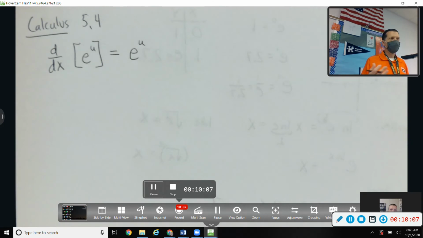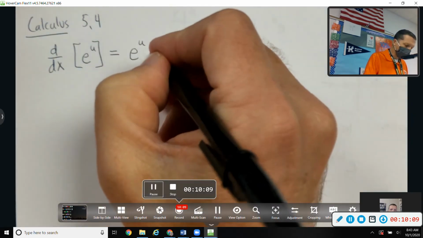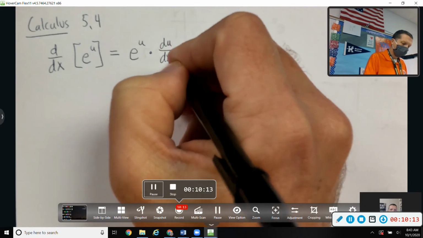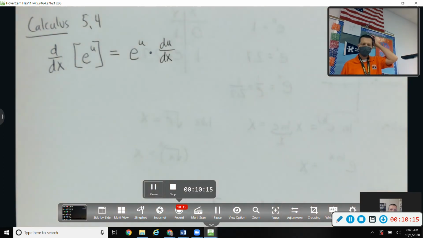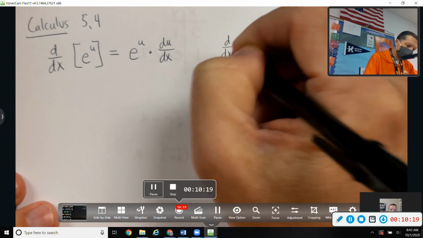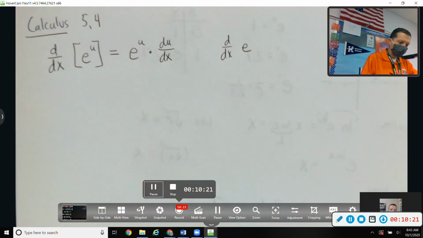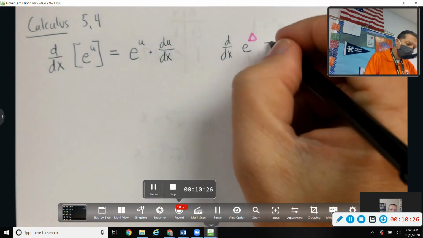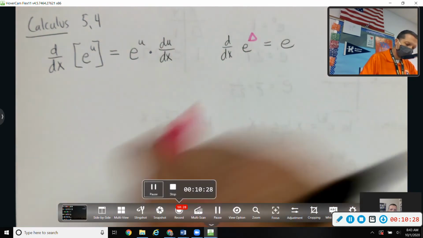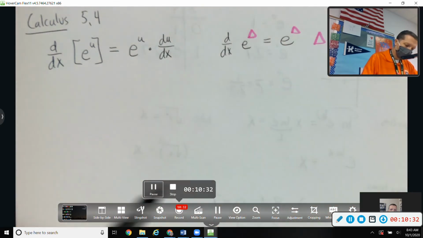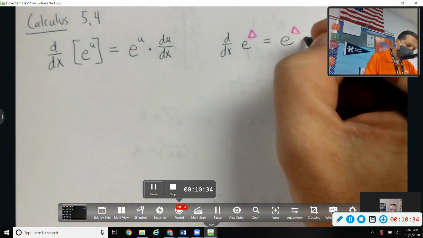It's kind of weird. It's the same thing, but chain rule times du dx, or u prime. If you prefer the land of pink triangles, then the derivative of e to the pink triangle is e to the pink triangle times the derivative of the pink triangle.